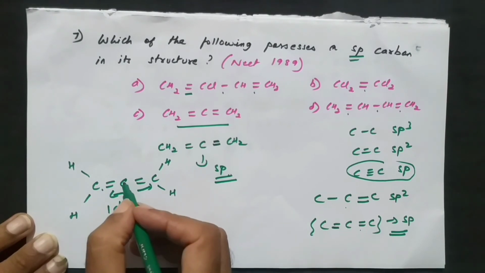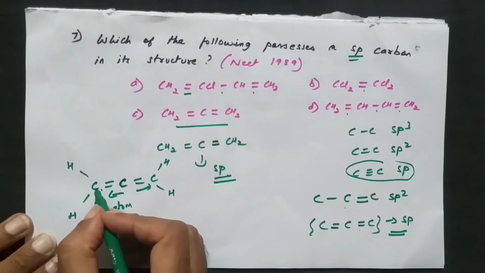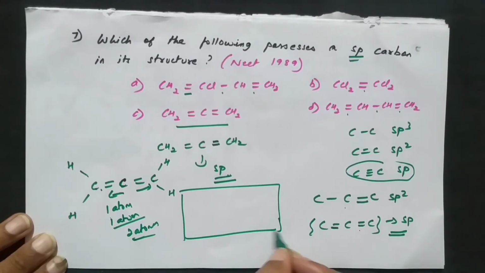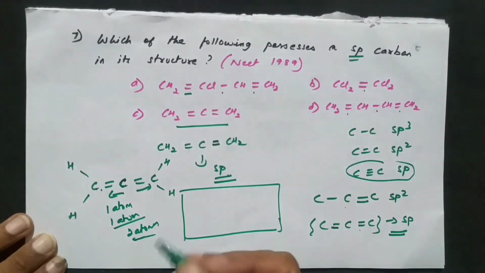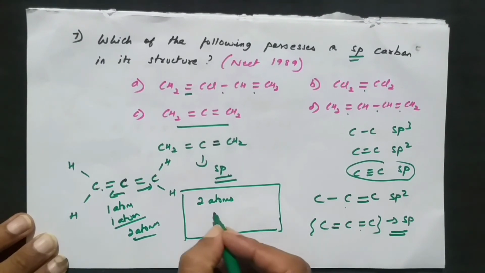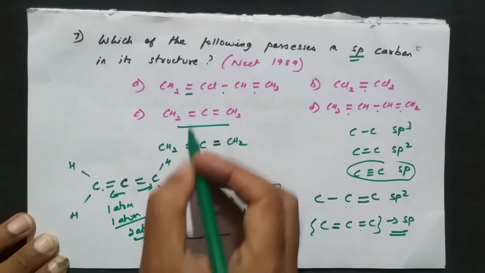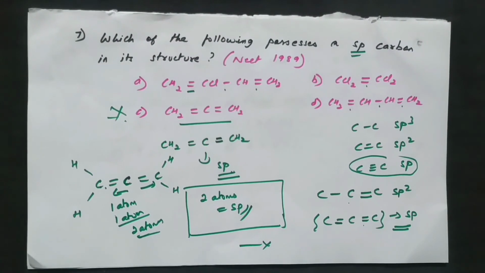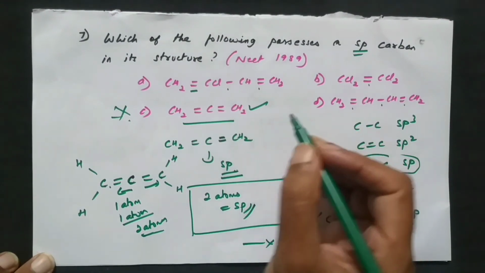Initially I gave that formula: when the number of atoms attached is 4, it is sp³. When it is 3, it is sp². And because it's attached with only 2 atoms, it will be sp. So please keep this question in mind also. So the option will be C. This will be the correct answer.